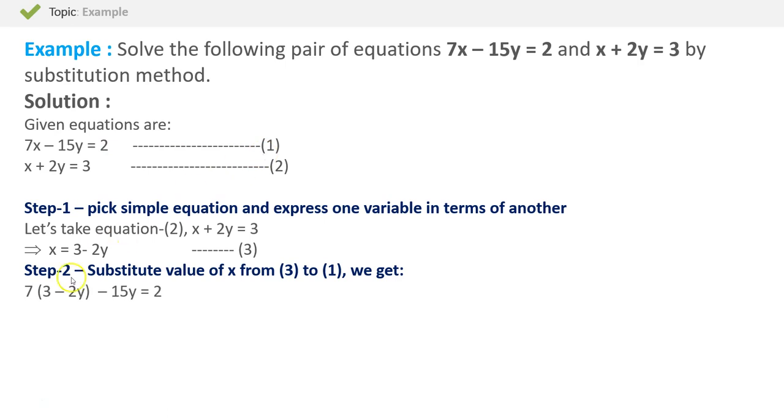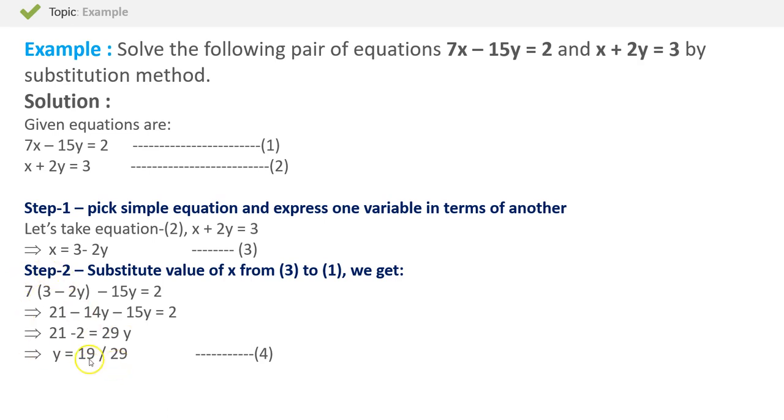And what I'm going to get is 7 multiplied by (3 minus 2y) minus 15y equal to 2. Which then, if you simplify this, you'll get 21 minus 14y minus 15y equal to 2. Which then gives you 21 minus 2 equal to 29y. And hence, y is equal to 19 by 29.